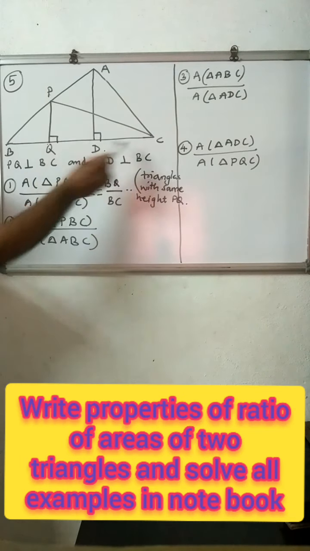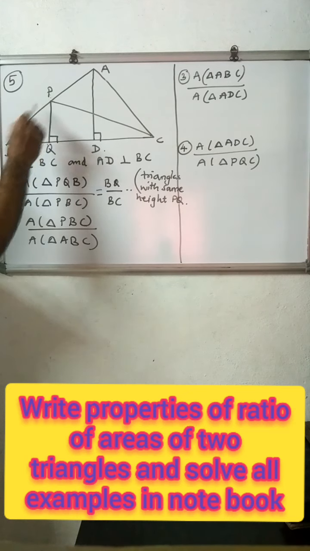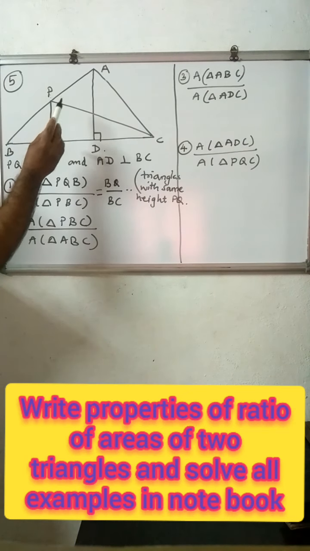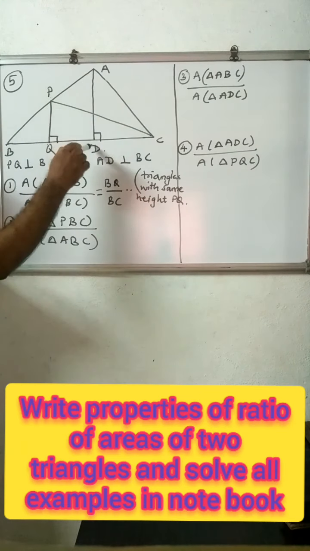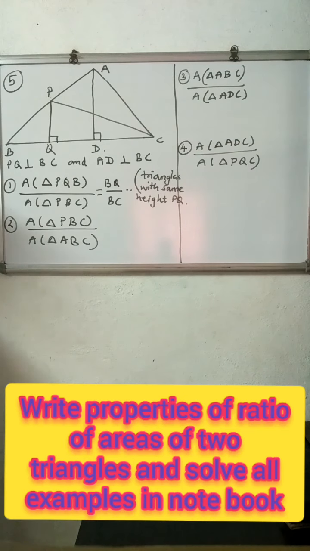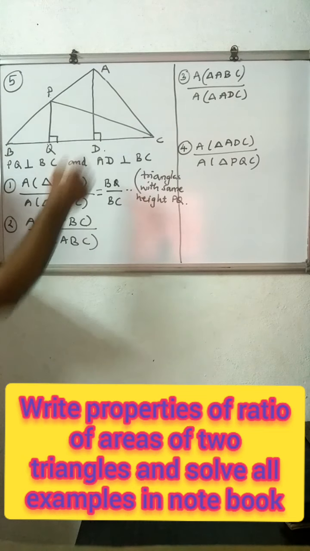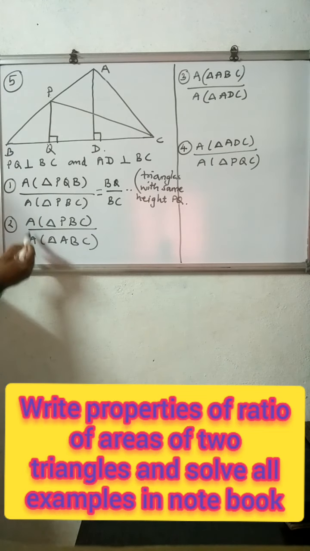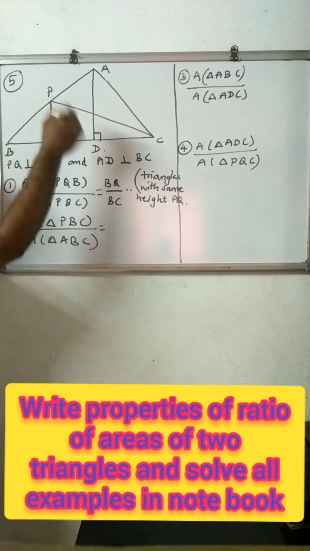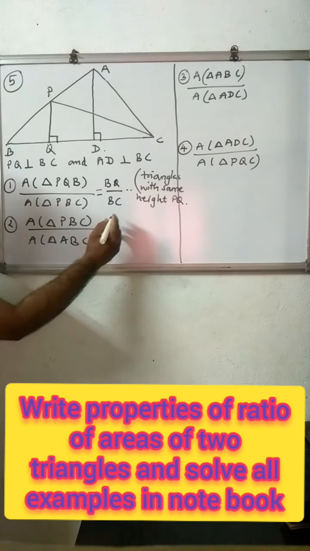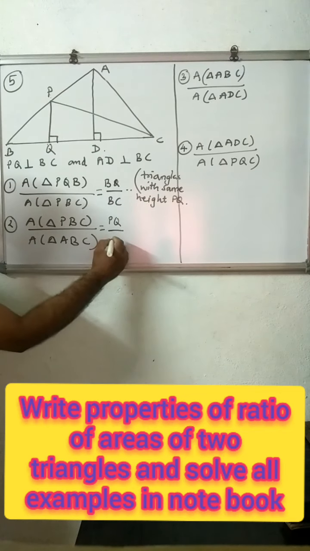Now triangle PBC, base is BC and height is PQ. And triangle ABC, base is BC, same, and height AD, different. So here two triangles are having same base BC but heights are different. So ratio of area of two triangles with same base, different height is equal to ratio of their corresponding heights. So here height PQ upon height AD.